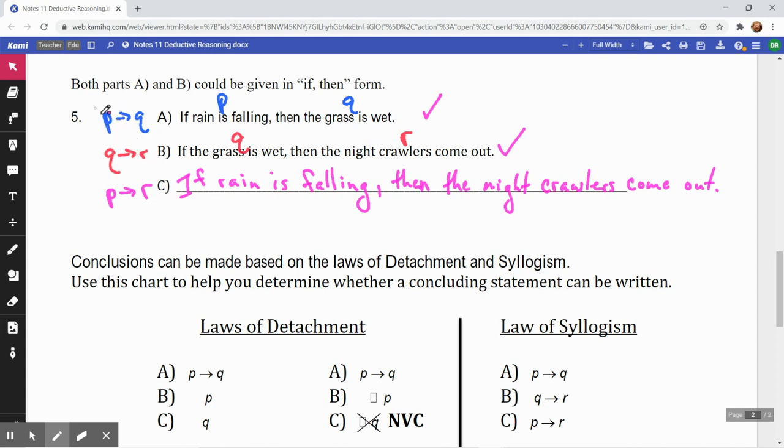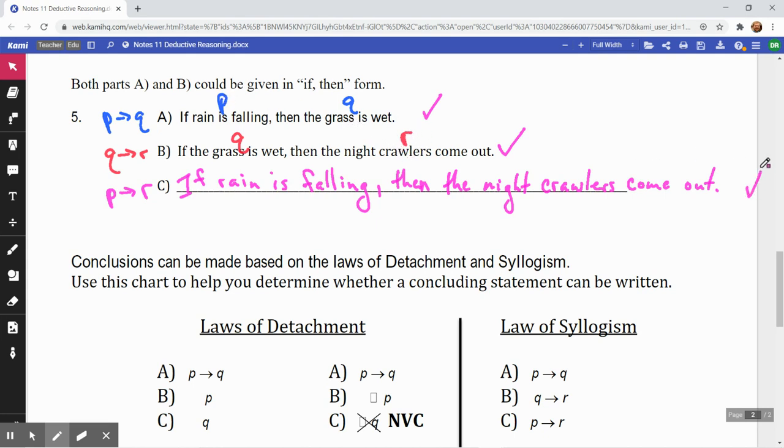When we start with this first idea, eventually that last idea will happen based on what we're given. We were told that rain falling will make the grass be wet, but we're also told that if the grass is wet, this has to happen. The night crawlers will come out. And if both of those are told to us and we assume that they're true, then our starting idea should lead us directly to our ending idea.